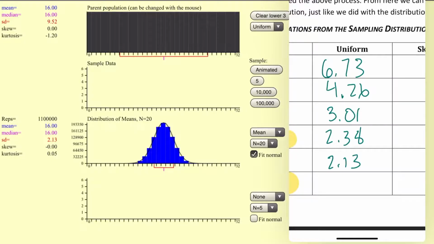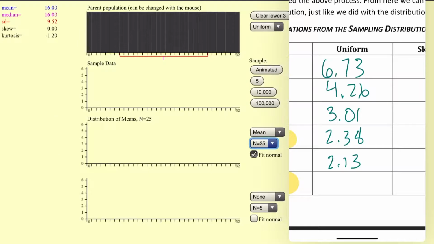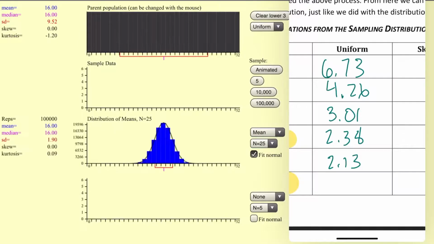I can even test this. Let me test it with the 25 because it'll be easier math. All right, let's move up to the 25. And then here's a few 100,000 of these. All right, there's 1,000,000 of those. And so its standard deviation is 1.90. All right, so just to test this, this is 9.52 divided by square root of 25, which is 9.52 divided by 5.